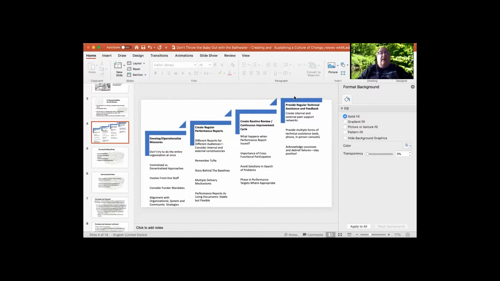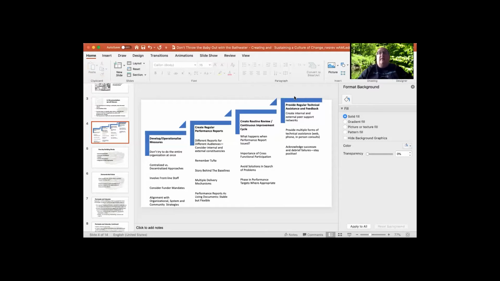Are you going to have a performance measurement unit, or at least one person who's responsible for sort of making things consistent and there being a consistent approach? This tension between centralized and decentralized approaches is important to think about and get right within an organization. I would say you need to do both.